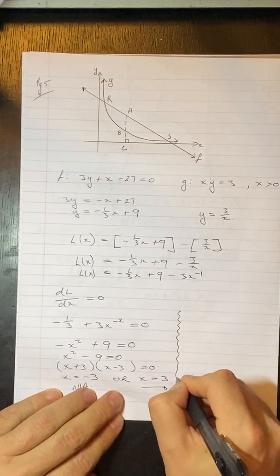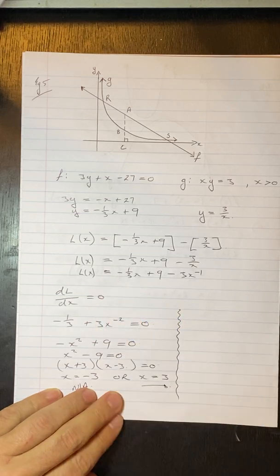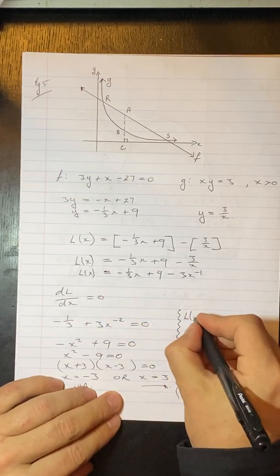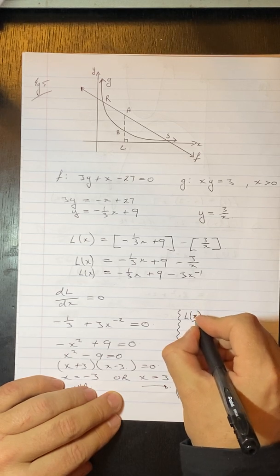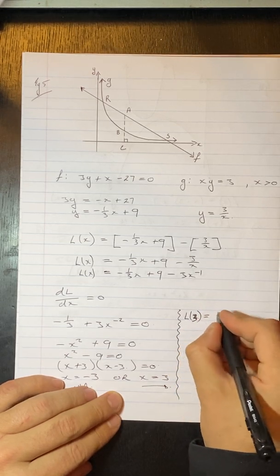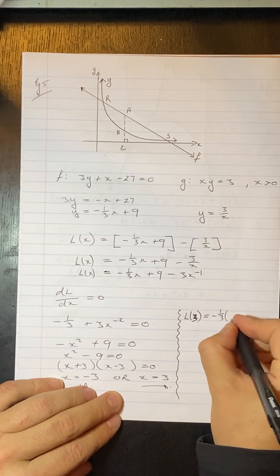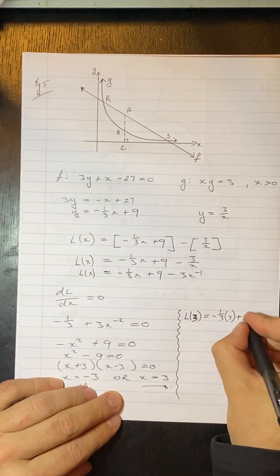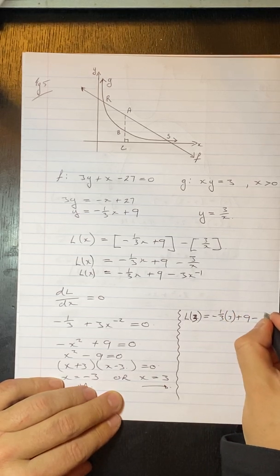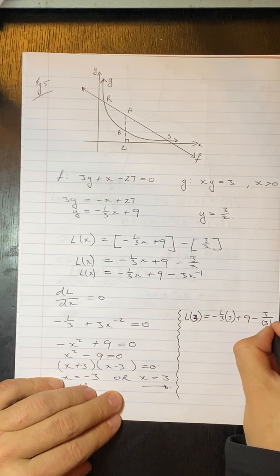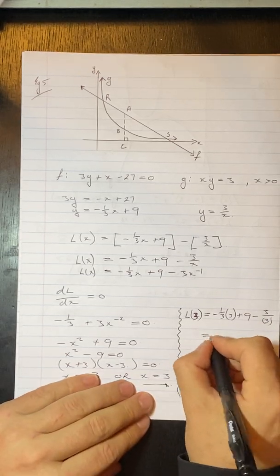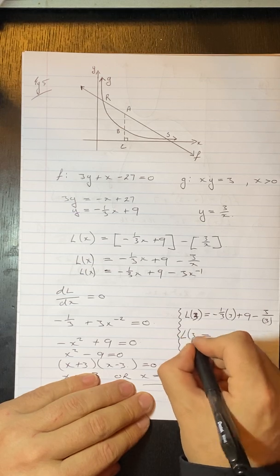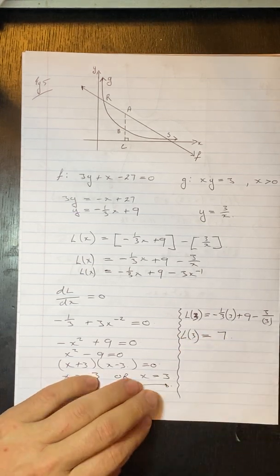So I'm going to take that x value and plug it back into our length function. So let me make that x a 3. So L of 3 would be equal to minus 1 over 3 times 3 plus 9 minus 3 over 3. If you pop that in the calculator, we will get a maximum length of 7.